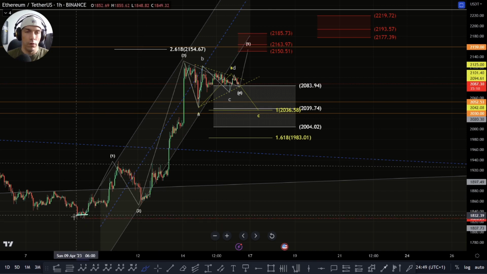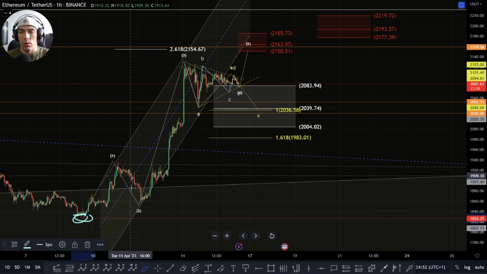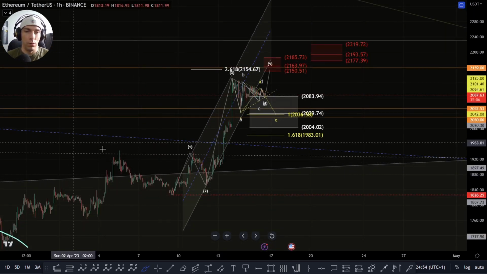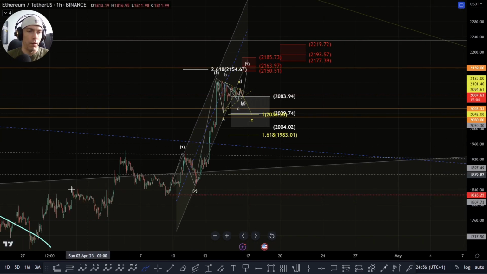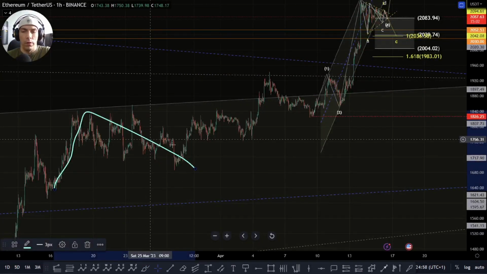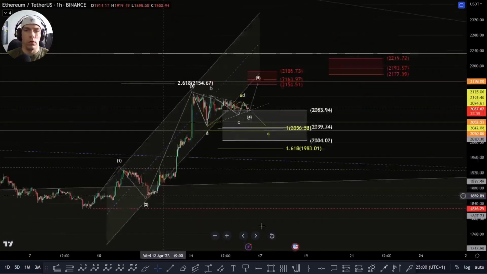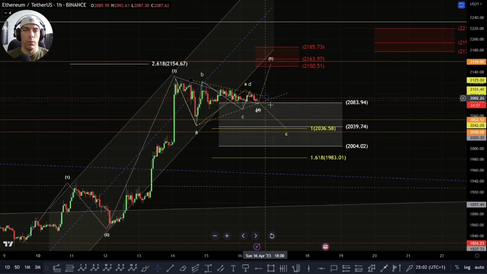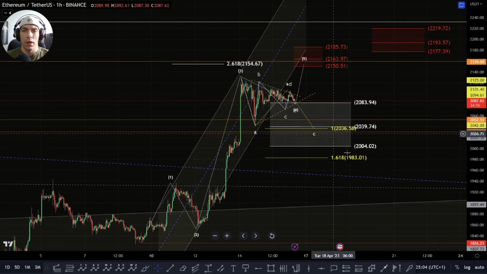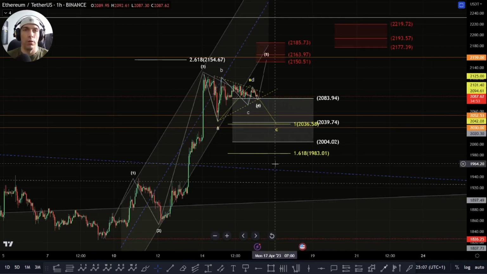But once we start to lose this low, then it becomes less probable that we are still within that kind of structure, and we'd have to reevaluate all these previous moves within the structures themselves. But until then, still looking for a little bit more upside potential here, as long as we continue to set these higher lows.